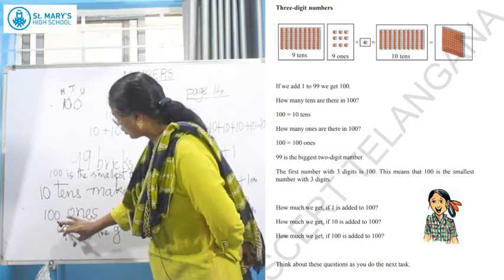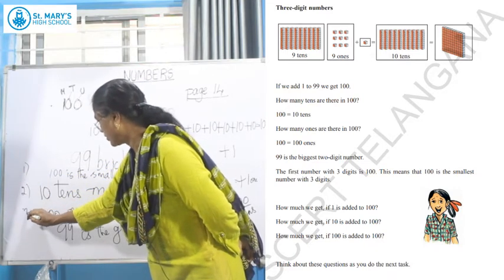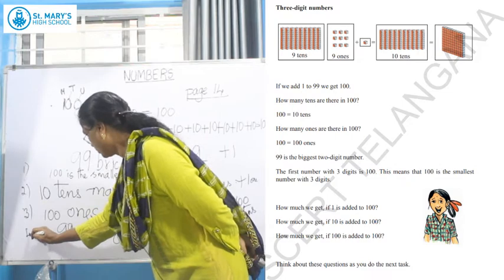So, these 4 questions are objective type. 1, 2, 3. Write in your notebook.